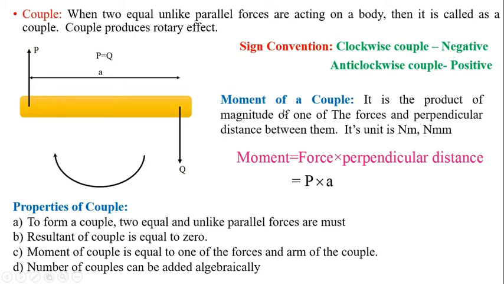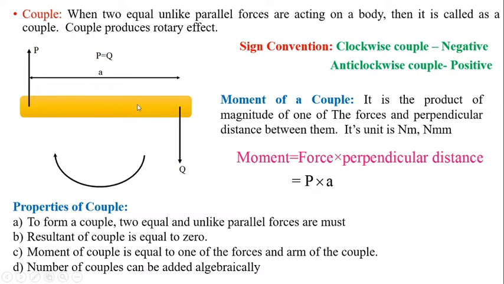Moment of a couple is the product of the magnitude of one of the forces and the perpendicular distance between them. Its unit is Newton meter, because it is a moment, the product of force and distance, hence unit is Newton meter or Newton mm. In case of couple, it is the product of one of the forces, either P or Q, and the perpendicular distance between them.